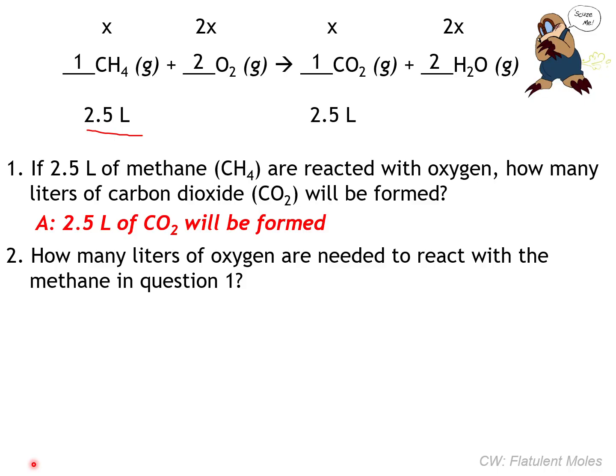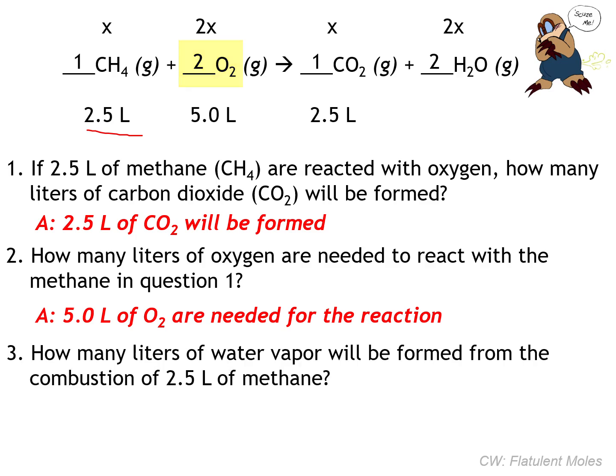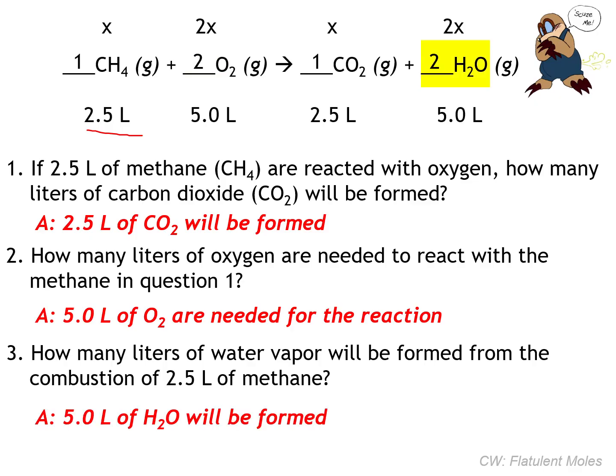Next part of it, it says how many liters of oxygen are needed to react with the methane. So we're trying to figure out oxygen now. So that would be 5 liters. And we want to know how many liters of water vapor will be formed. And so that's also going to be 5 liters.